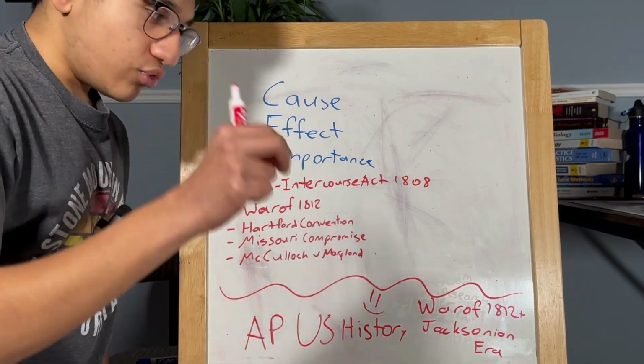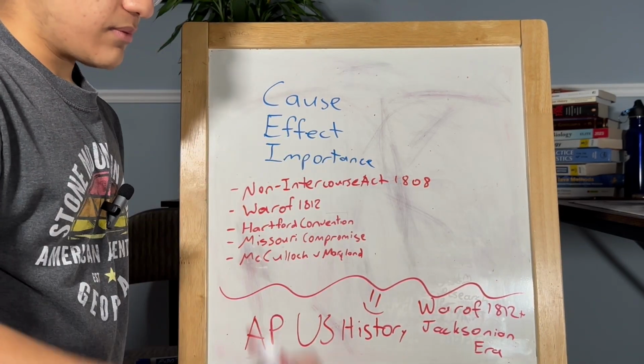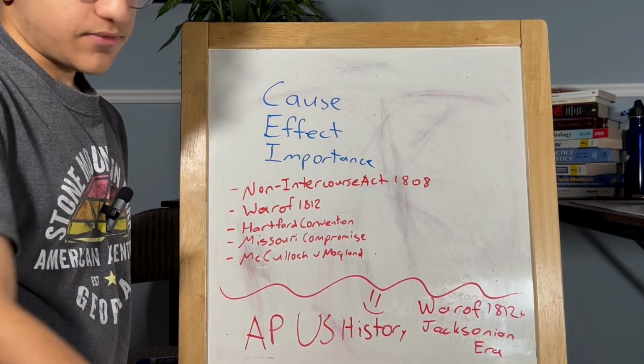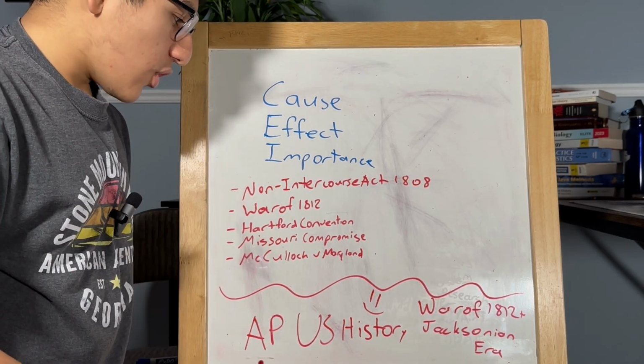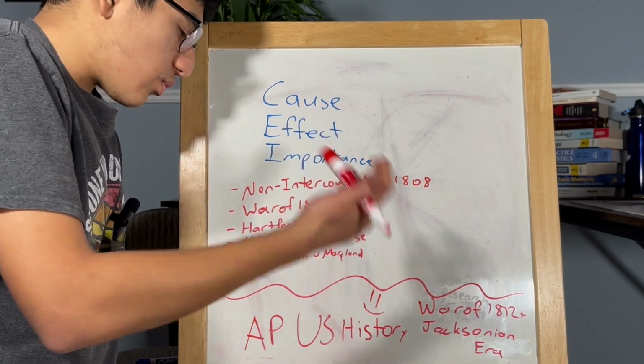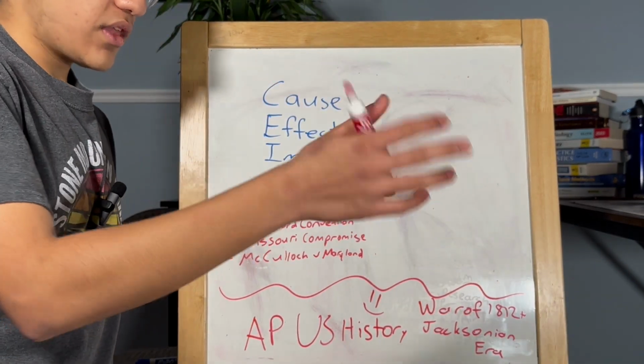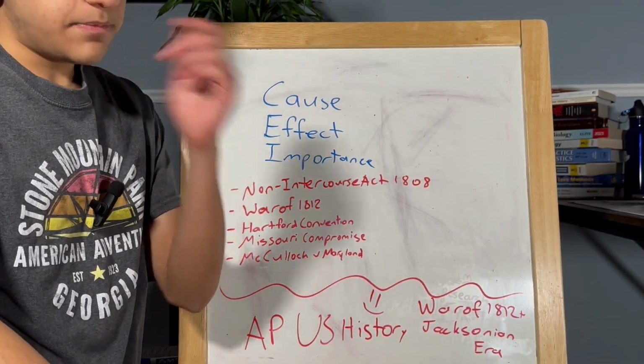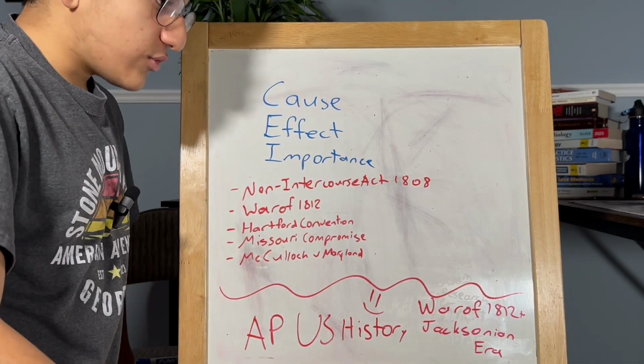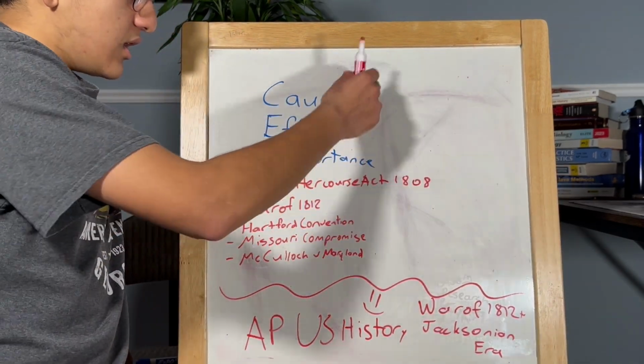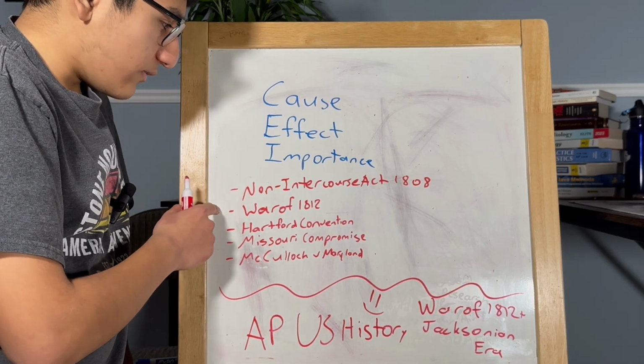However, the British were not respecting this, and the French were also not respecting this, and so therefore they wanted to go to war. I don't think the French were actually doing that as much, but in essence, that's what caused the War of 1812.